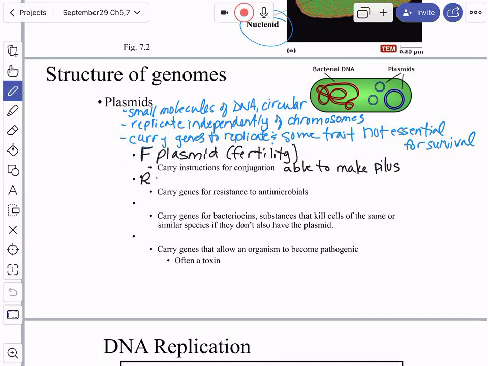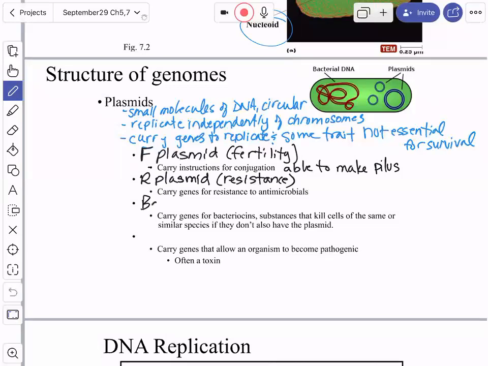R plasmids, that stands for resistance. Okay, carry genes that help them withstand or live in the presence of some kind of antibiotic. Okay, we'll be talking more about that a little bit later as well.